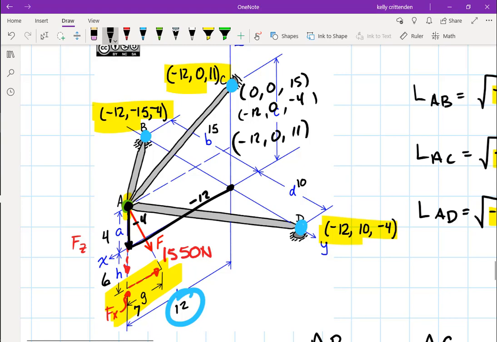So that's why I say it might make more sense to start at point A to figure out what you need to do, minus 4, minus 12, because then if you go to point A, it's like, oh, I have to go down 4, go back 12, and that might make the signs make more intuitive sense versus thinking of it as I started here and I got to point A, which it might seem backwards to some people.